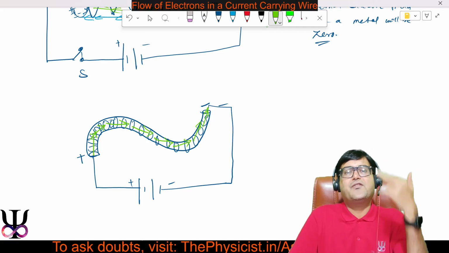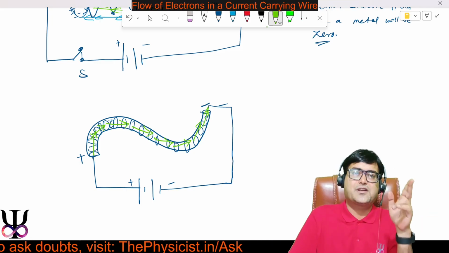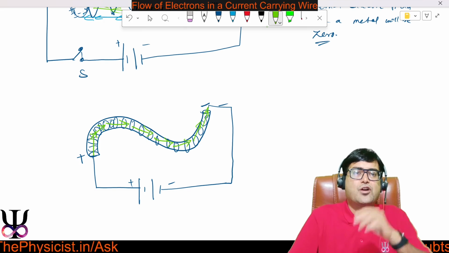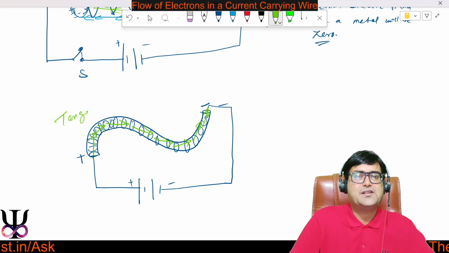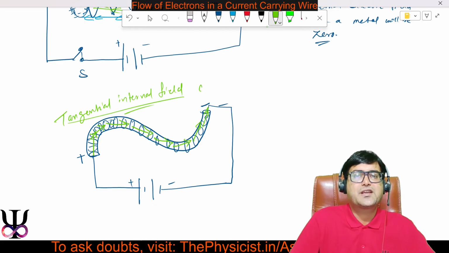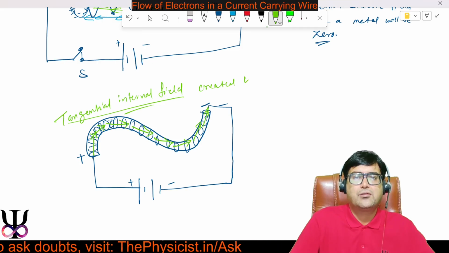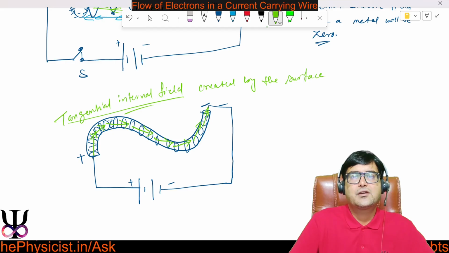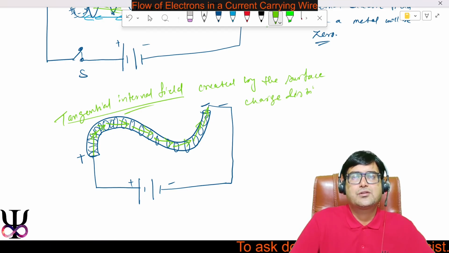The electric field inside the wire, if it's DC, direct current driven by a battery, is always tangential. This internal field is created by the surface charge distribution.